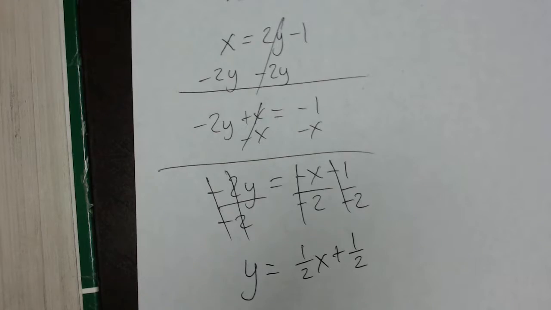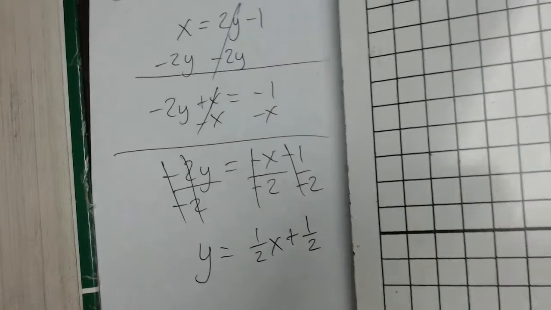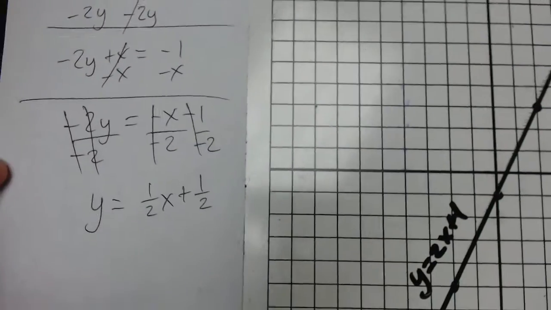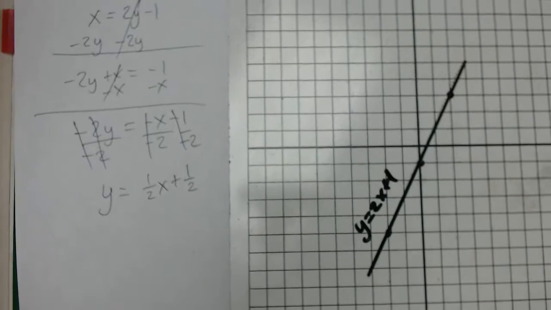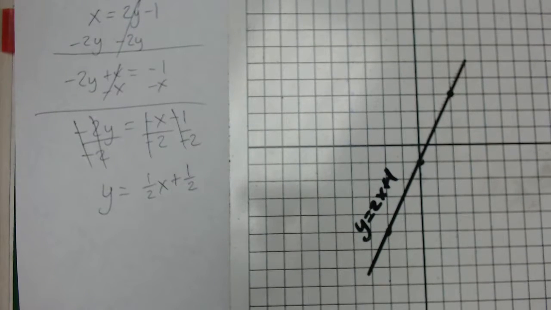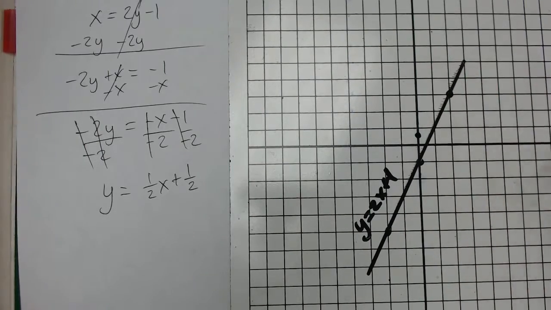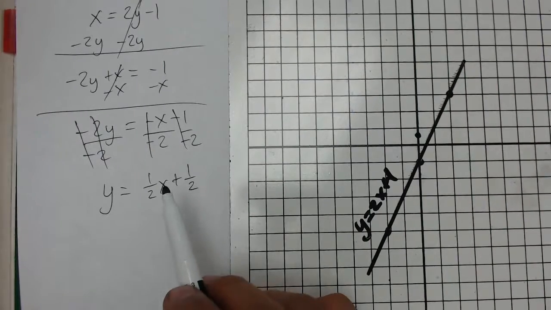Now let's go ahead and graph this line, or this function. So we know that our y-intercept is going to be 1/2. I can go ahead and put 1/2 as a point on my graph. What if I plug in 2 again?